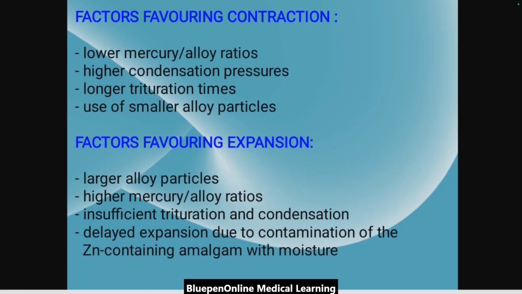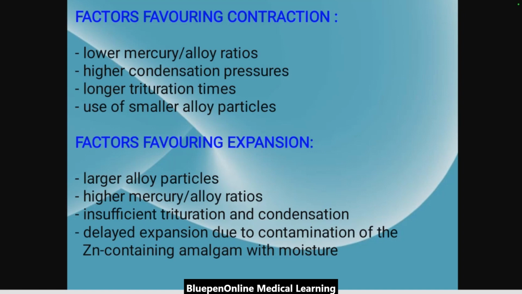If we are using larger alloy particles, it will lead to expansion. If we are using a higher mercury alloy ratio, then that will also lead to expansion. If insufficient trituration is done, or less condensation is done, then expansion can also be seen.